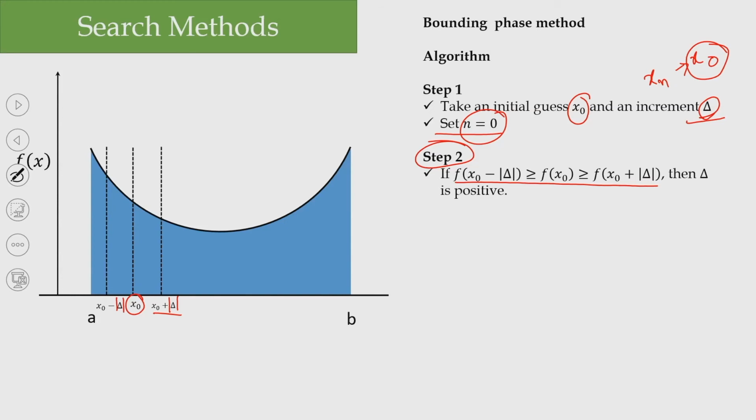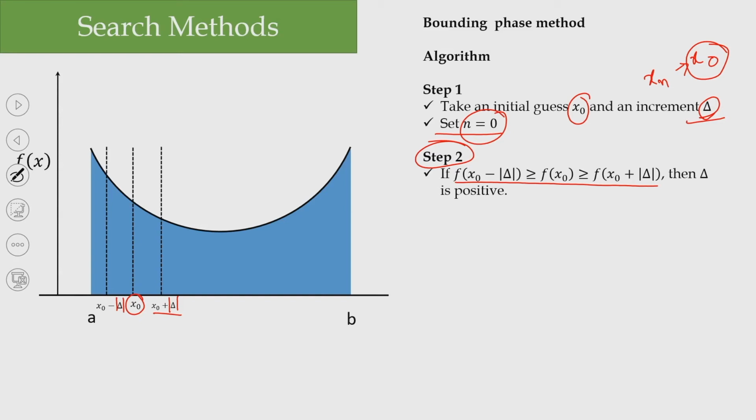Now, after taking these 3 points, we are checking this condition: whether f of x naught minus absolute value of delta is greater than f of x naught, and f of x naught is greater than f of x naught plus absolute value of delta. That means this is the particular condition.